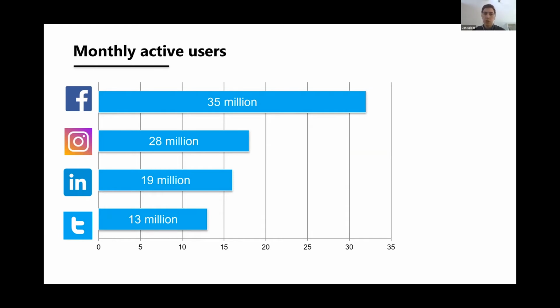Facebook and Instagram, the 2 most popular platforms in the UK. Monthly active users means logged on once in the last 30 days, but we know that people log on to Facebook a lot more than once a month. But the stats show that 35 million people in the UK actively use Facebook, 28 million on Instagram, 19 million on LinkedIn in a B2B sense, 13 million on Twitter as well.